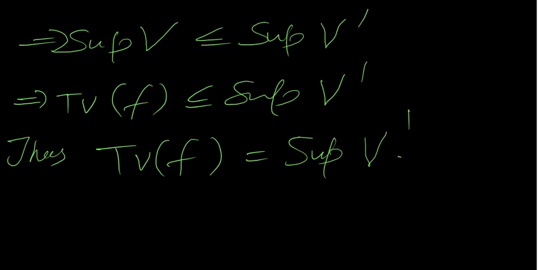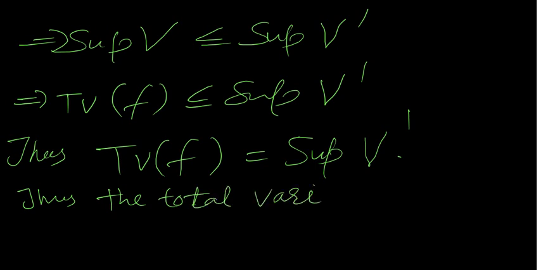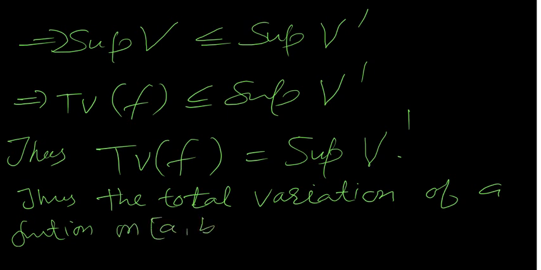Thus the total variation of a function on the closed interval ab means the supremum.